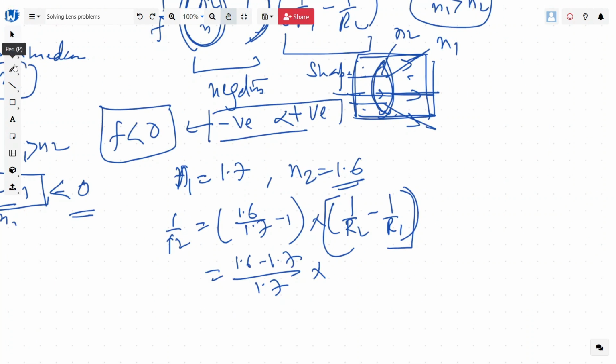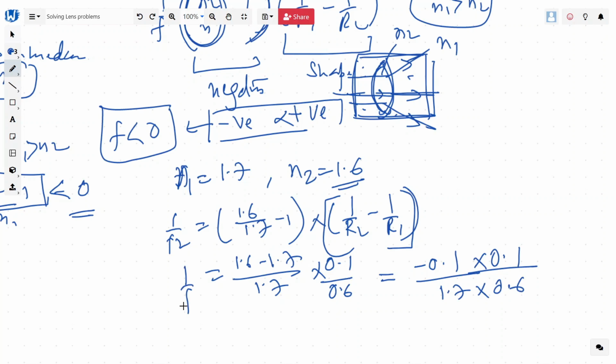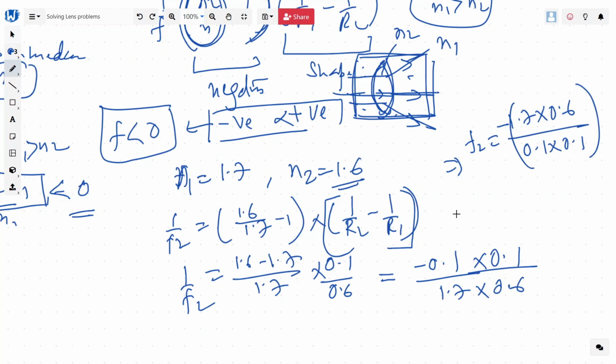So we are going to put that over here, and that is going to be equal to minus 0.1 divided by 1.7 into 0.6, that is 1 by f2. So f2 is going to be equal to 1.7 into 0.6 divided by 0.1 with a minus sign, and when you solve that, basically we'll get minus 1.2 centimeters.